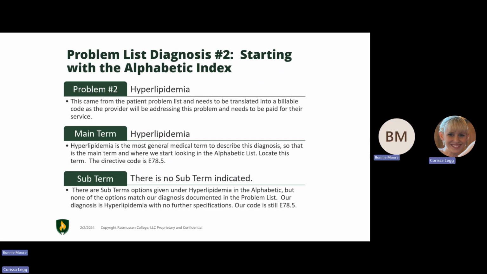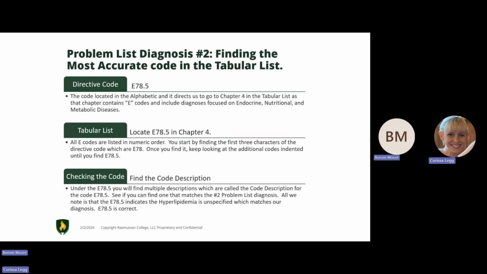So that's the code, the directive code we're now going to take to that tabular list toward the back of the code book. This is found in chapter 4 in the tabular list. These are focused on endocrine, nutritional, and metabolic diseases.